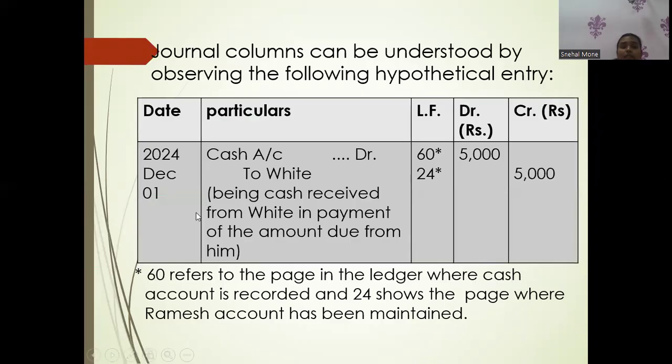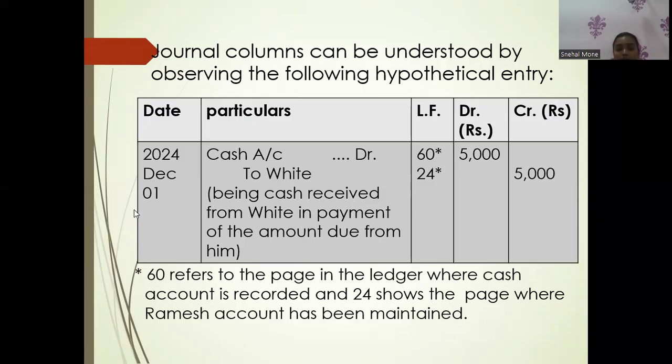Next is the journal. This is the journal format. There is a date, particulars, LF, debit, and credit. Whatever the transactions are, on a date, the date is recorded. Suppose you are receiving a payment from XYZ person, then you will record it: cash comes in, so cash is recorded on the debit side, and cash goes out from the other party, which is recorded on the credit side.